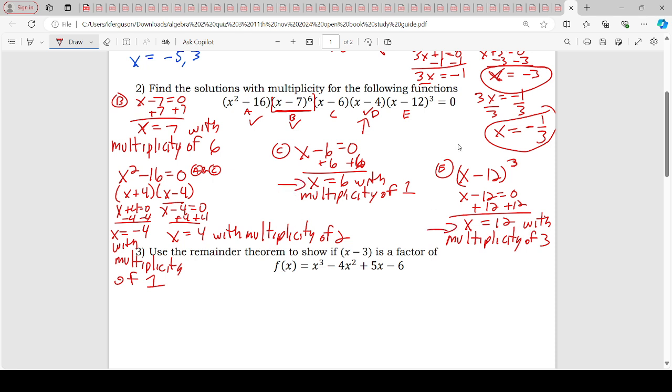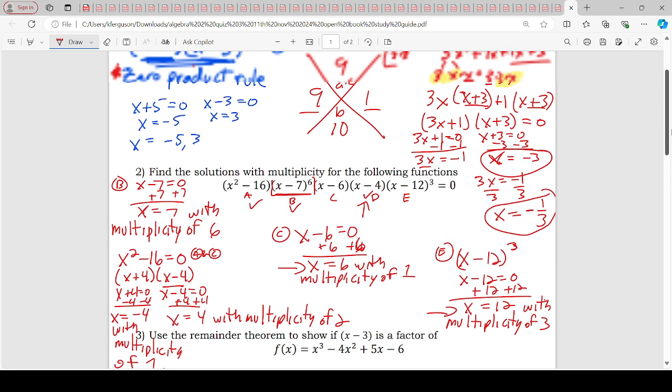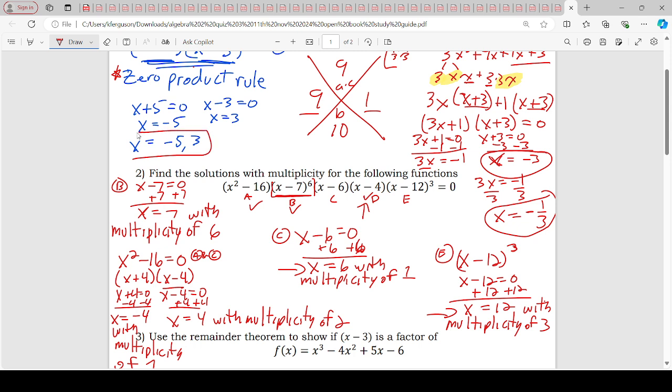Does anybody have any questions? Couldn't hear you. No, there is no setup. That's it. It's finding solutions. Because I need to know the multiplicity of each solution, I have to have the multiplicity for each individual one.